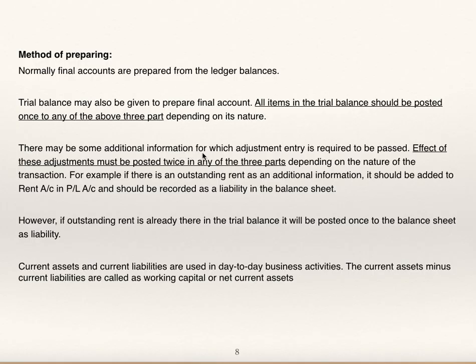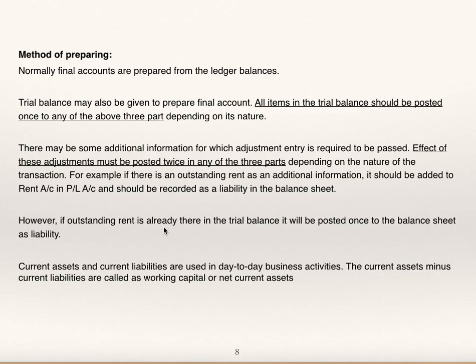There may be some additional information for which an adjustment entry is required to be posted. The effect of these adjustments must be posted twice. This is very important. An adjustment has two effects in any of the three parts, depending on the nature of the transaction. For example, if there is an outstanding rent as additional information, it should be added to the rent account in the profit and loss account and should be recorded as a liability in the balance sheet.